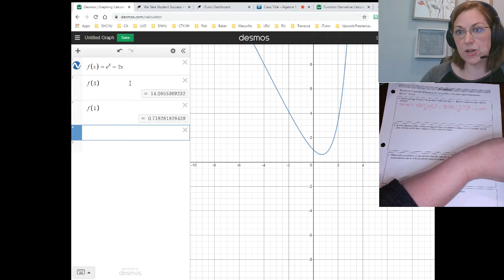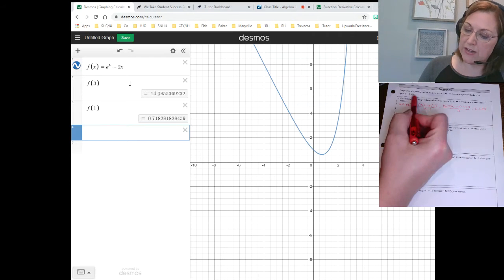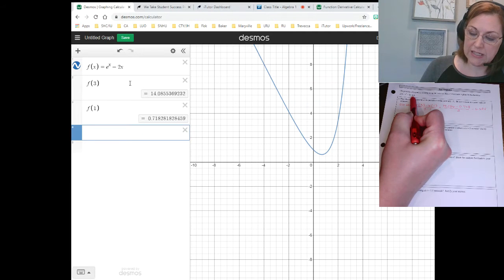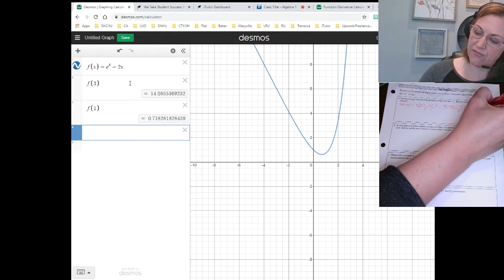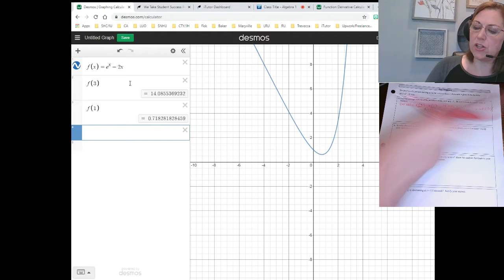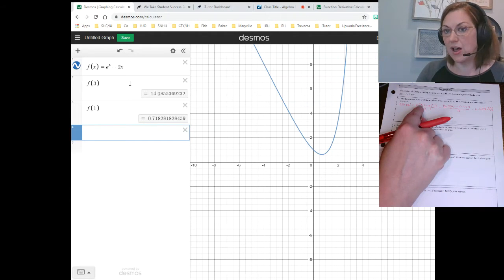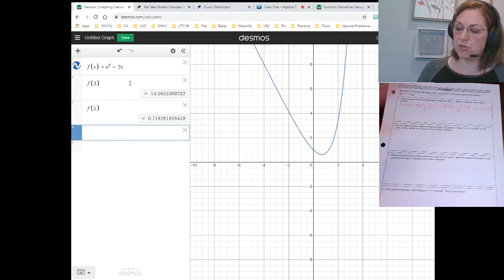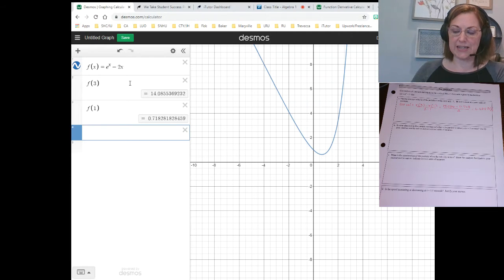Now watch my units here, because my position was given in feet and my time interval was given in seconds. So this is feet per second. Your position was on top, so that's feet, and your time was on the bottom, that's seconds.